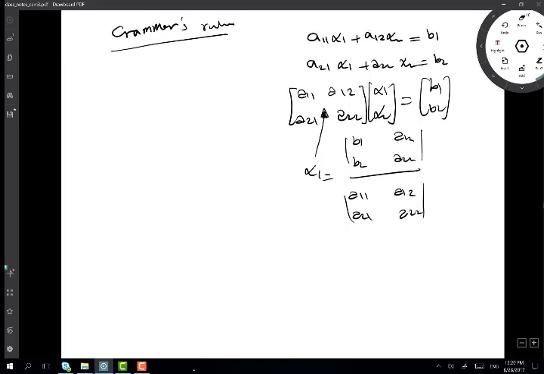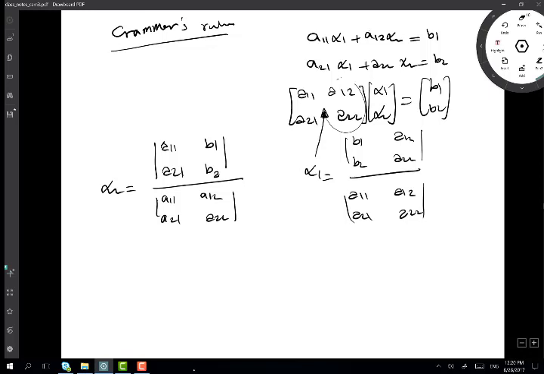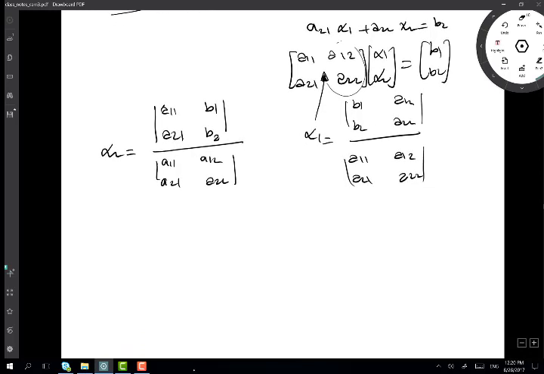Then x2 will be similar, underneath the same determinant, a11, a12, a21, a22, but for the determinant at the top, a11 and a21 are the same, but the column which corresponds to x2 is replaced by b1 and b2. All right, so that's Cramer's rule as was given to us.